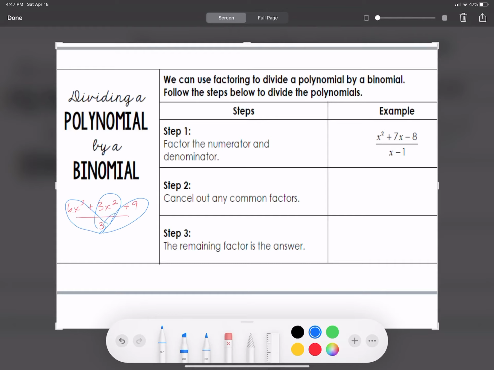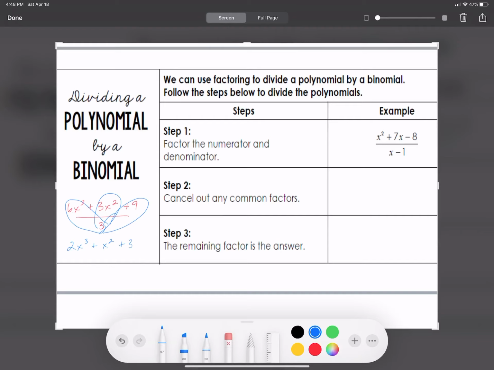So for example, 6x cubed divided by 3 is 2x cubed. Then second term, 3x squared divided by 3 is x squared. And then the last term, 9 divided by 3 is just 3.